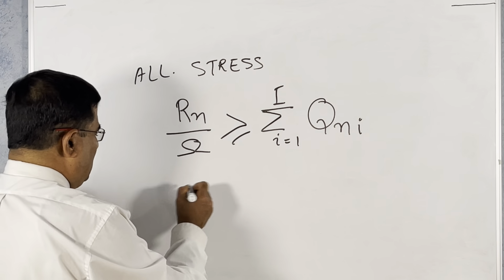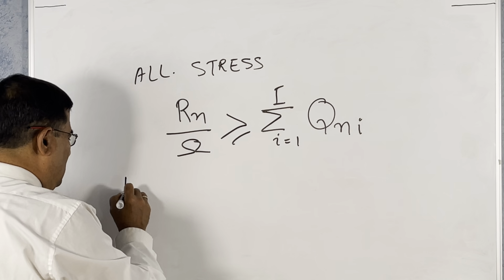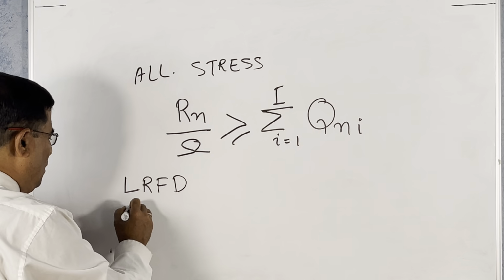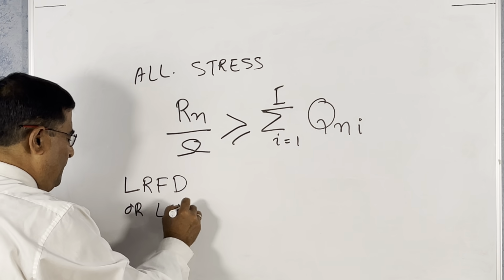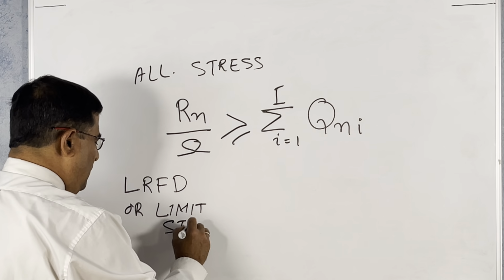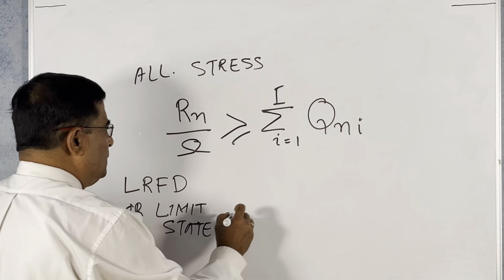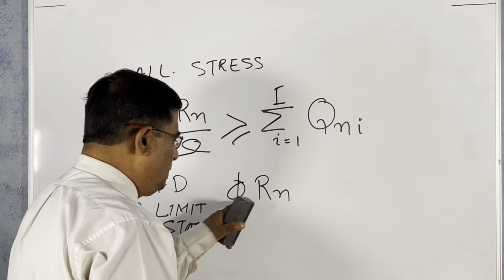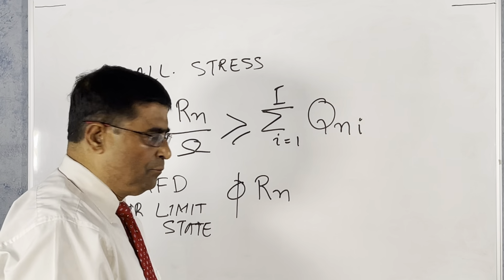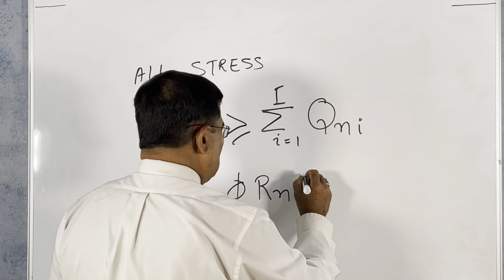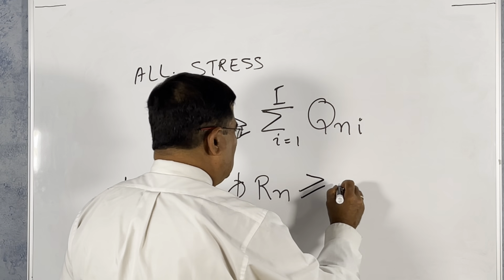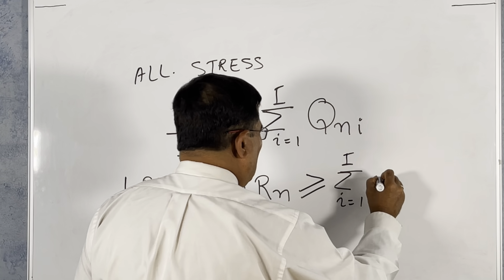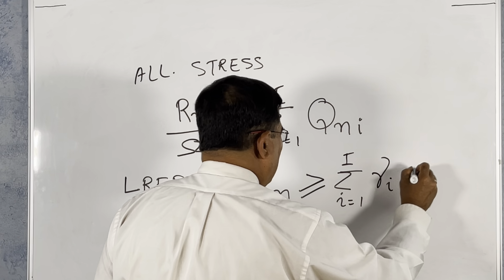And in LRFD, load and resistance factor design, or limit state, this value is Rn times phi, which is less than 1, maximum 1, is equal to or greater than the sum of gamma i Qi.